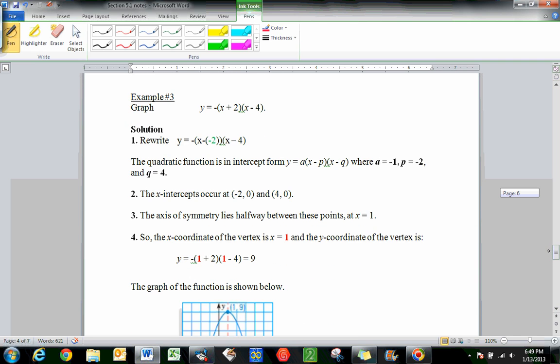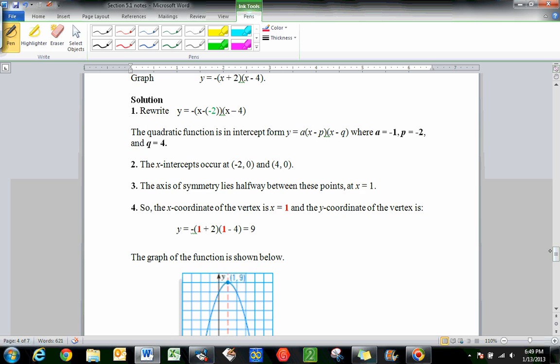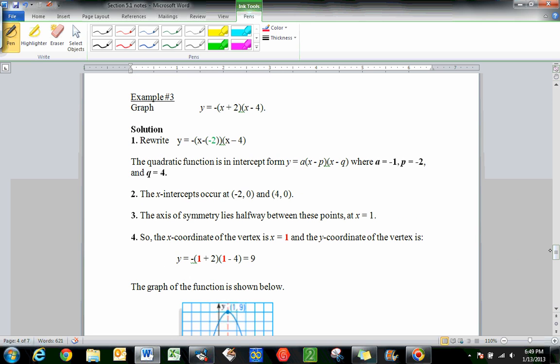We got to go all the way down to example 3. In example 3, you can see that we have basically a quadratic that is broken up into 2 binomials. Now, the quickest way to recognize this as a quadratic is the fact that, remember, x squared is actually broken up into x times x.